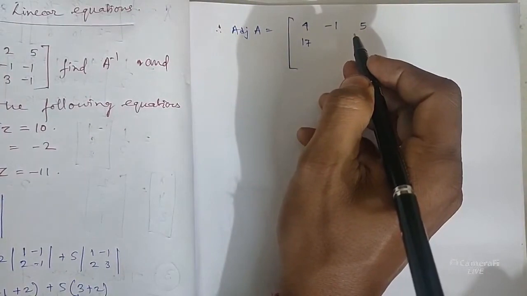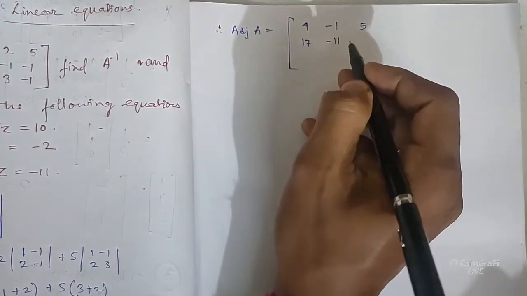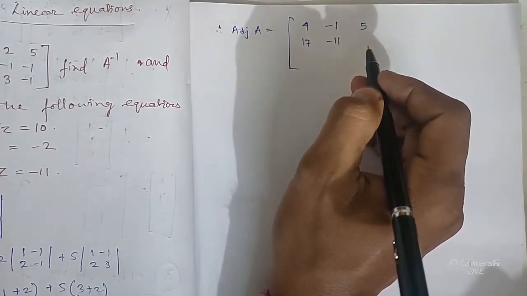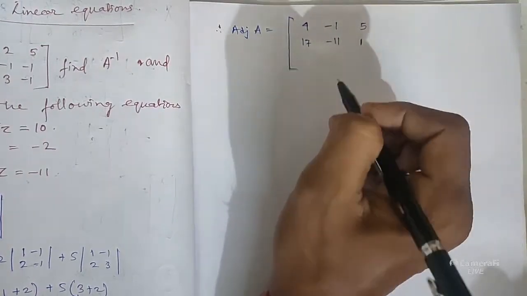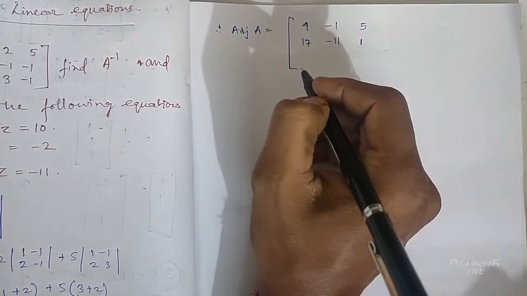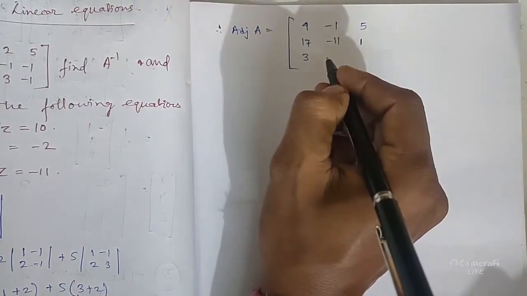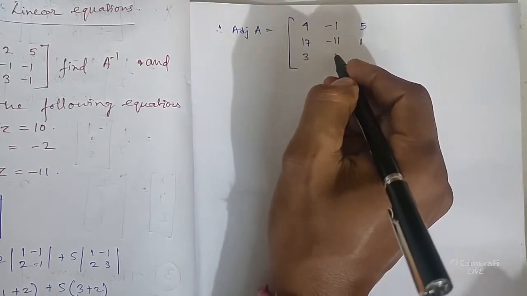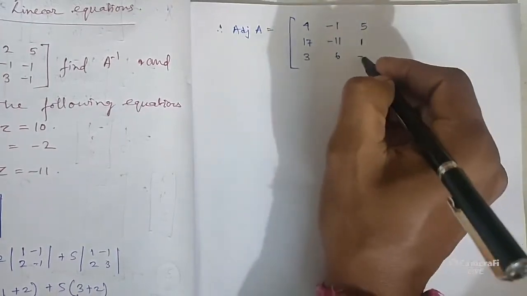Minus 1 minus 10, that is minus 11. And 3 minus 4, that is minus 1, and with the minus sign, plus 1. Next minus 2 plus 5, that is 3. Then minus 1 minus 5, that is minus 6, and with the minus sign, that is plus 6, and minus 1 minus 2, that is minus 3.